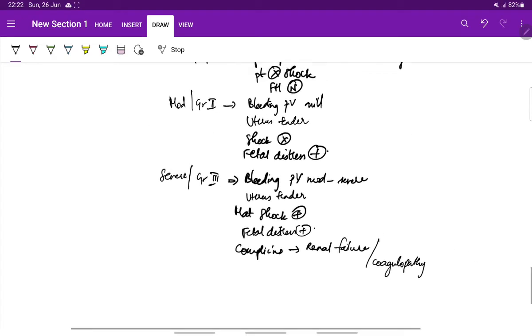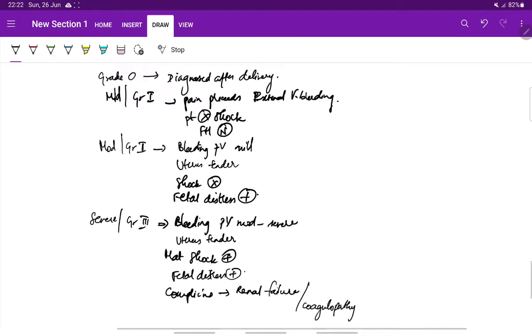These are the 4 grades of abruptio placenta: grade 0, 1 or mild, 2 or moderate, 3 or severe.